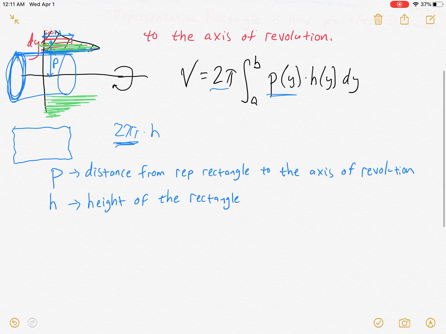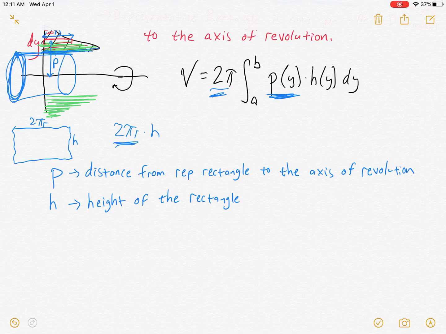It would be 2 pi r times h. I've rotated this 90 degrees. So really what the 2 pi r is doing, and then adding up all those radii, is finding, if you were painting this on, the surface area of the first shell, and then the surface area of the next shell, and the next shell. So you're adding up these consecutive areas of shells, and that makes up volume.